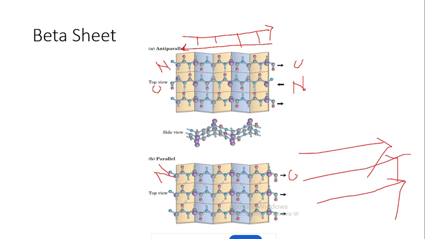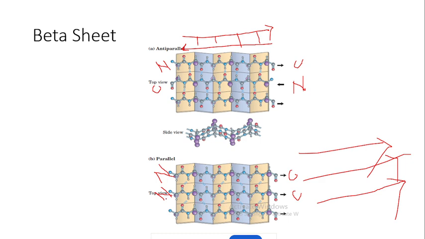The alignment of N terminus to C terminus. Okay, this is for the first layer. For the second layer, this is which side, N or C? Just opposite. Opposite means the C terminus to the N terminus. That's why it is parallel now. N to C terminus. Yes. So parallel, same direction.